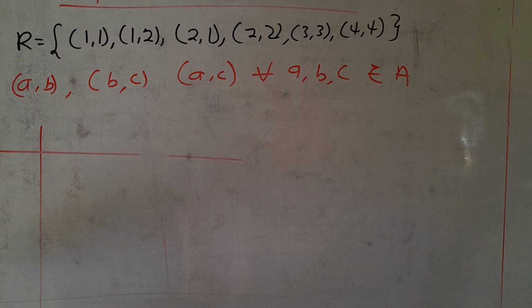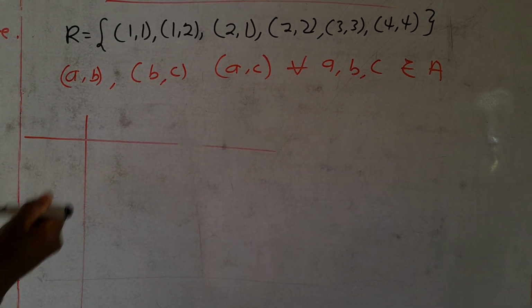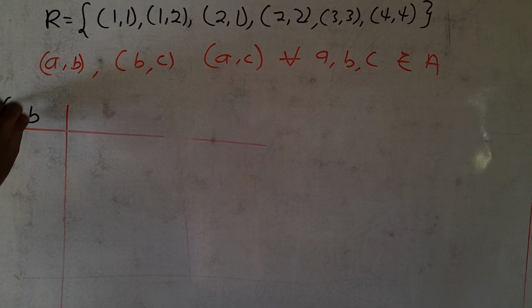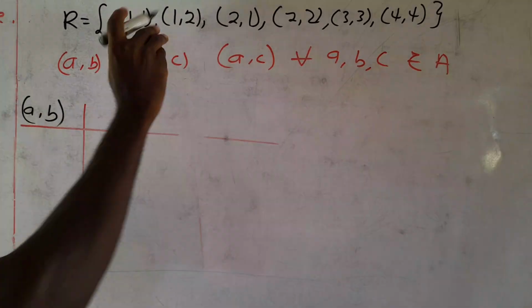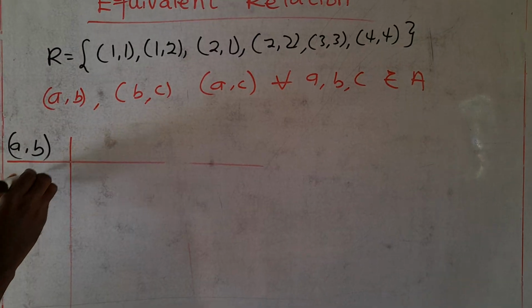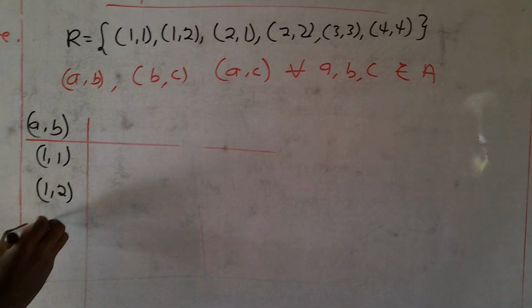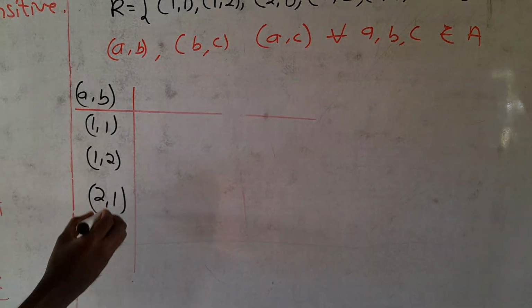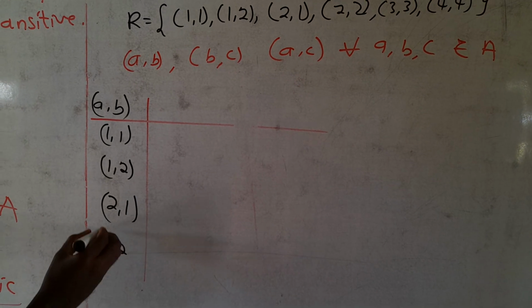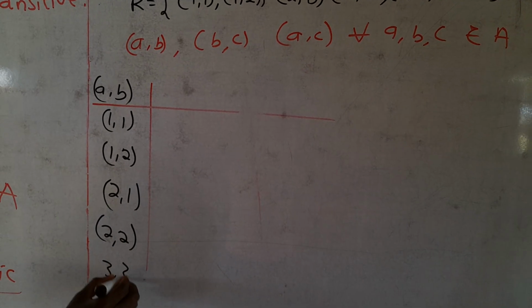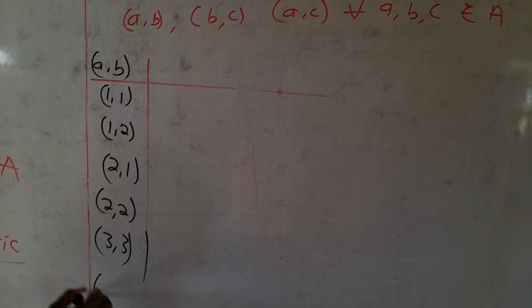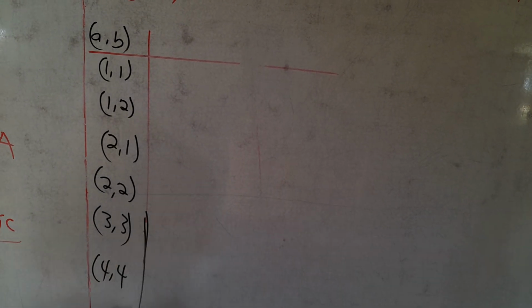My first listing, I'll write the ordered pair (a,b). That's listing all these ordered pairs. So I have (1,1), (1,2), (2,1), (2,2), (3,3), and the last one is (4,4).